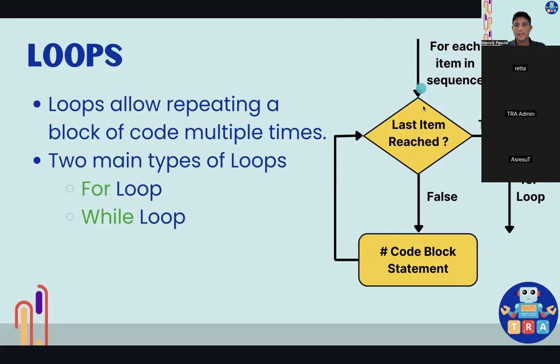So, is the last item reached? In that case, the 4th lap. If false, it's going to do some action, in that case, run another lap, and then it's going to go back and check again. It keeps on checking till it's true and then exits. So you can see some if statements are popping up here.